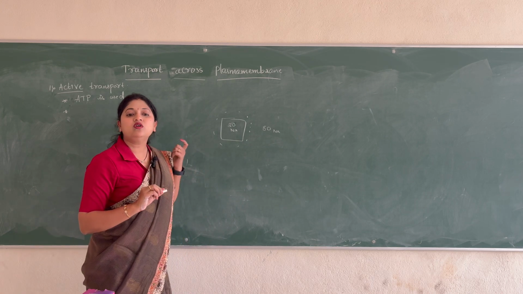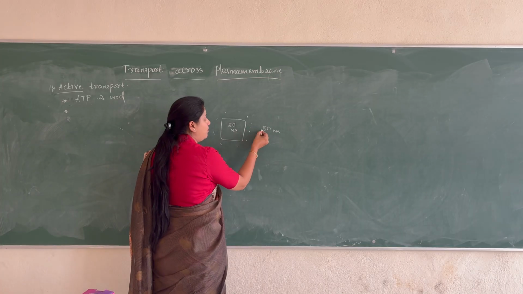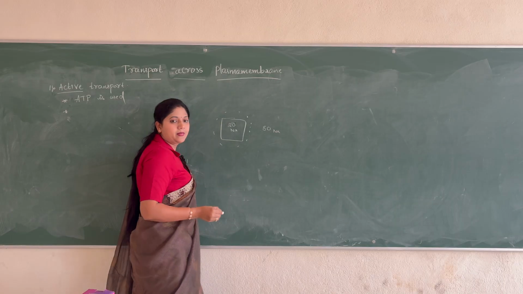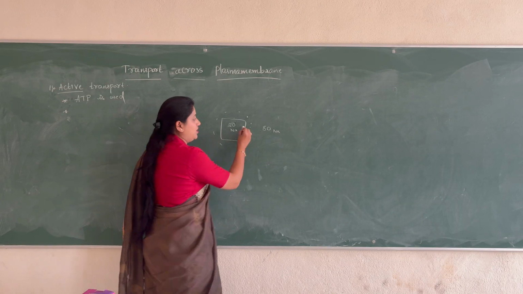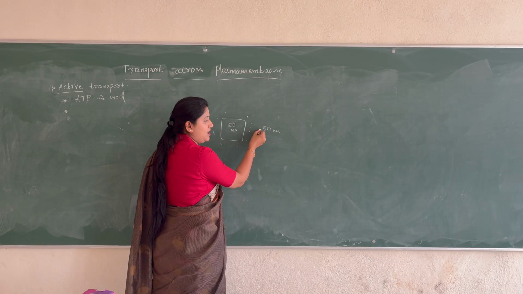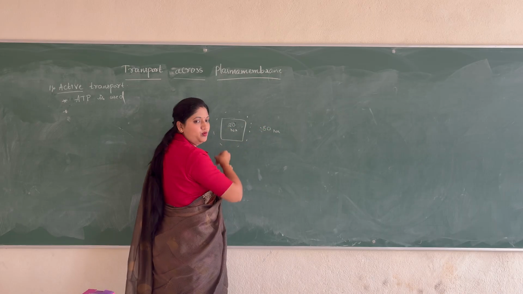So, as a rule of the equilibrium, what should happen? So, here how many molecules have to be transferred from the extracellular matrix to the cell? What is the difference? How much is the difference here? 60 divided by 2 should move.